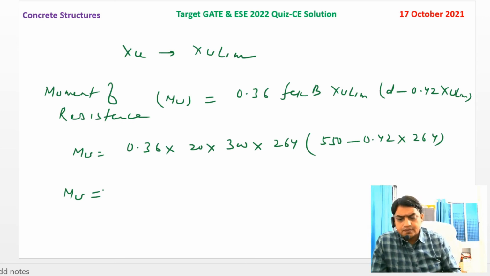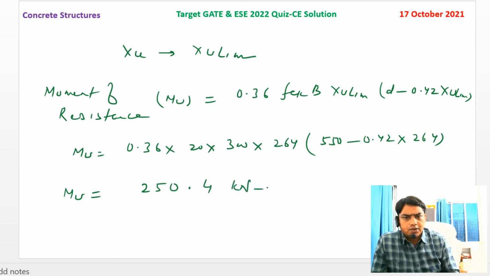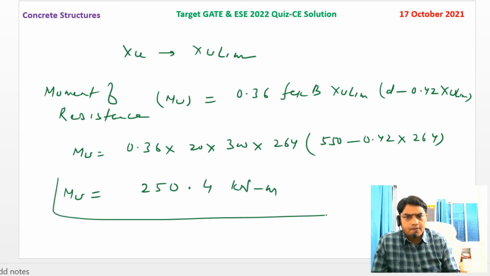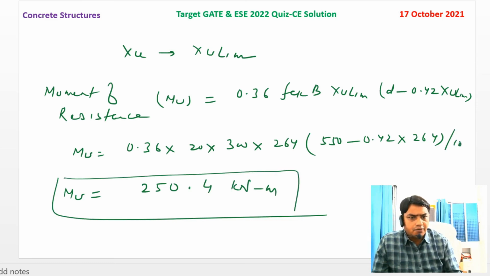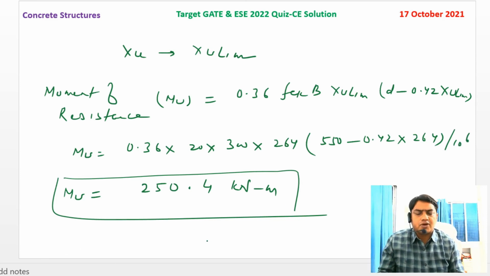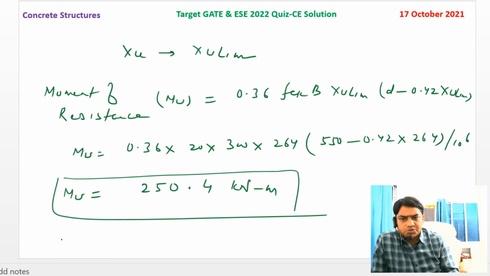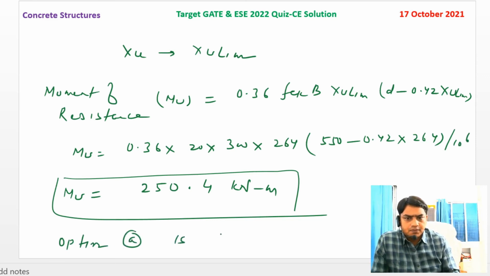It is coming 250.4 kilonewton meter, if I divide by 10 to the power 6. So it is 250.4 kilonewton meter, and option A is correct.